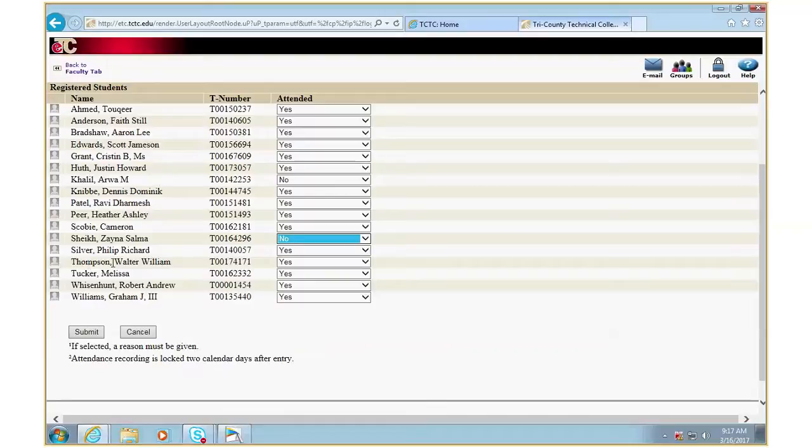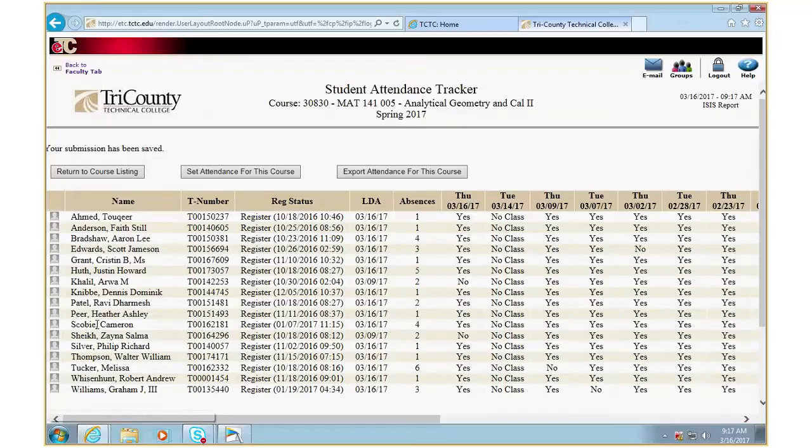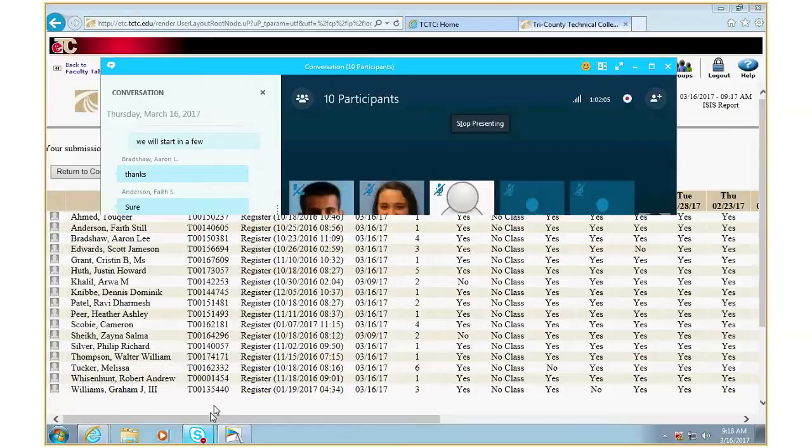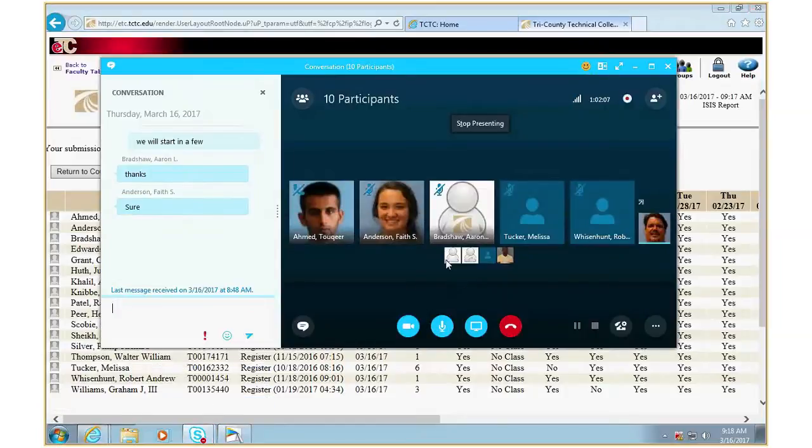Silver is here, Thompson, I think he's Skyped in, Tucker, I'm here. Skyping in, Wizenhunt Skyping in, Williams Skyping in. Make sure everybody's still here.